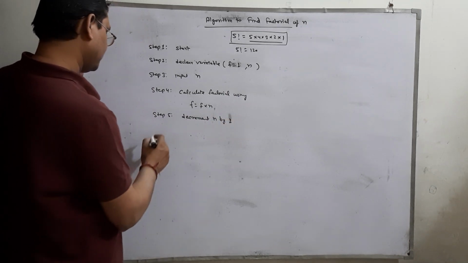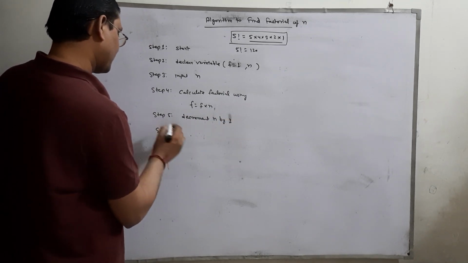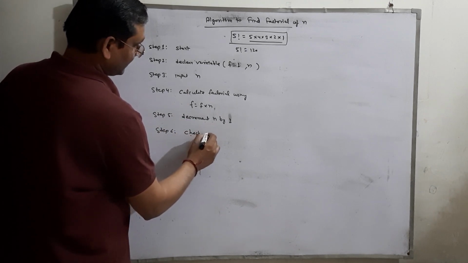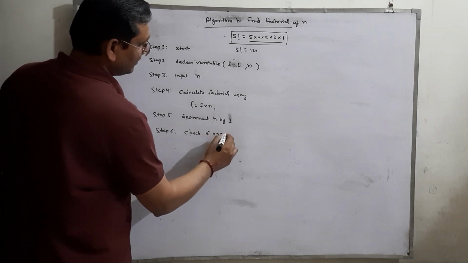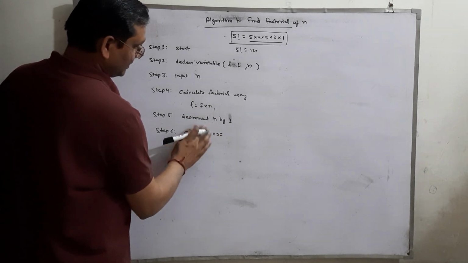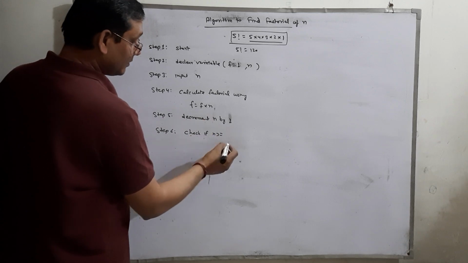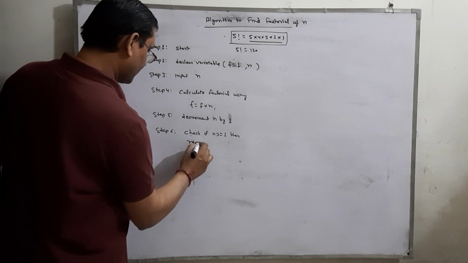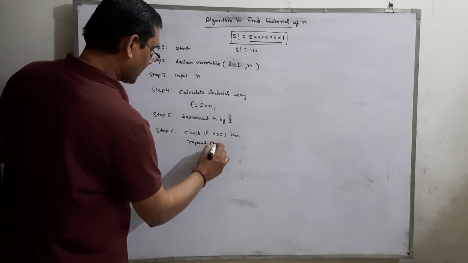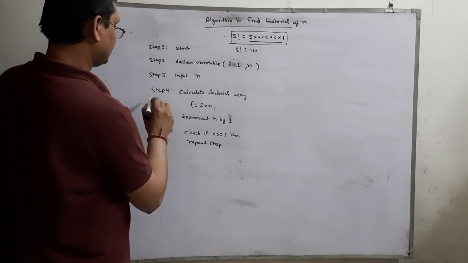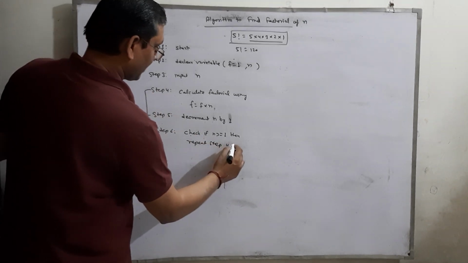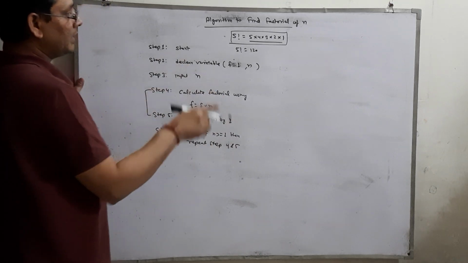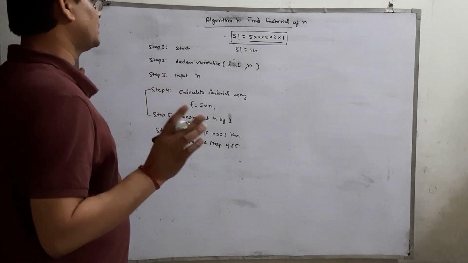Step 6, if n is greater than or equal to 1, then repeat steps 4 and 5. It will go until n becomes 0.